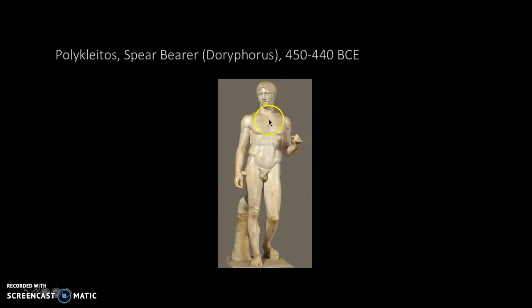Again, we see a very idealized figure, idealized musculature. He's in that contrapposto stance with the weight on one leg. It gives us that tilt in the hips, that slight turn of the shoulders. It makes him feel more lifelike. It makes him feel more real.